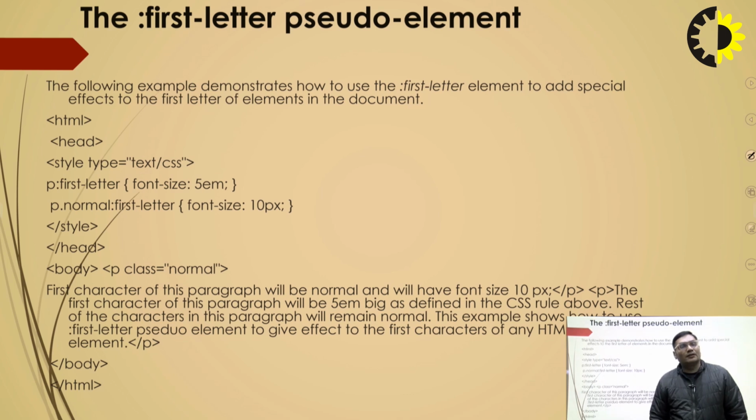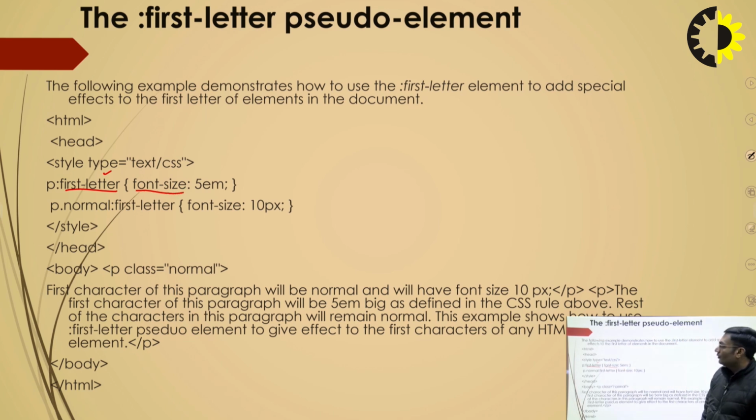Now another example of pseudo element is the first letter pseudo element. If we want to change the first letter of a paragraph, not the whole paragraph, we can use this first letter pseudo element: p colon first letter, then the rule that we want to apply.